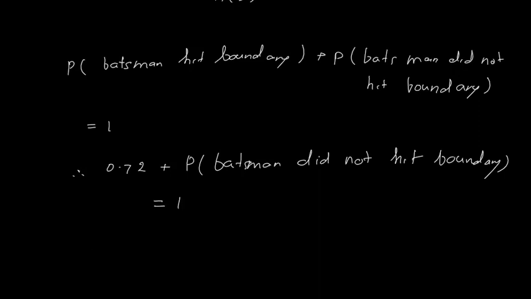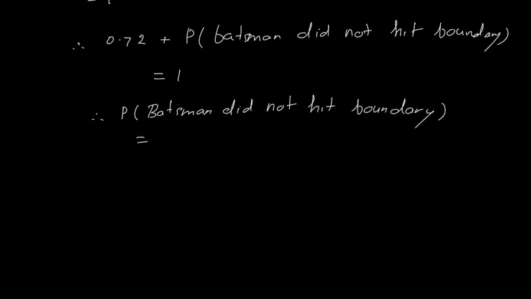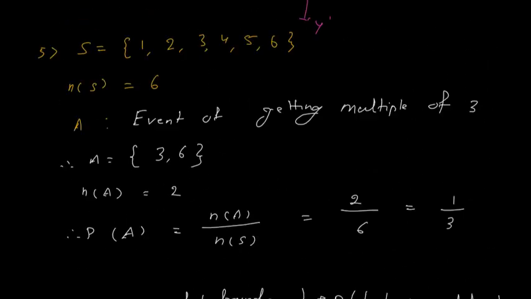Therefore the probability that the batsman did not hit the boundary is equal to 1 minus 0.72, which is 0.28. This is the probability that the batsman did not hit the boundary.